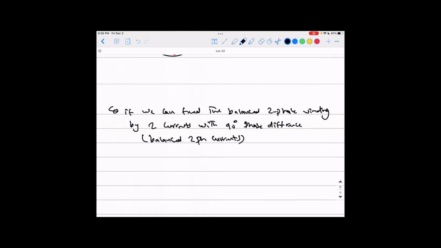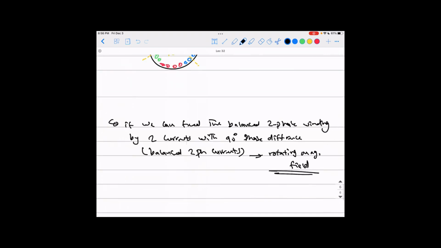So the same like the 120 degree phase difference back in the three-phase currents with the three-phase system. Now you have a rotating magnetic field, and that's what we are looking for.